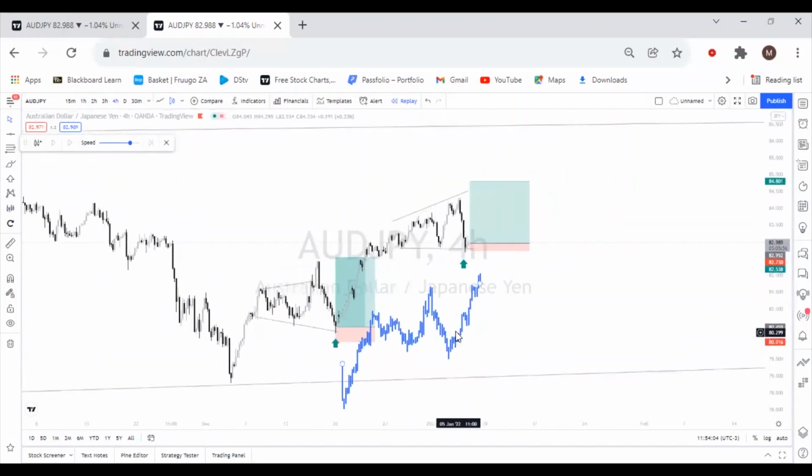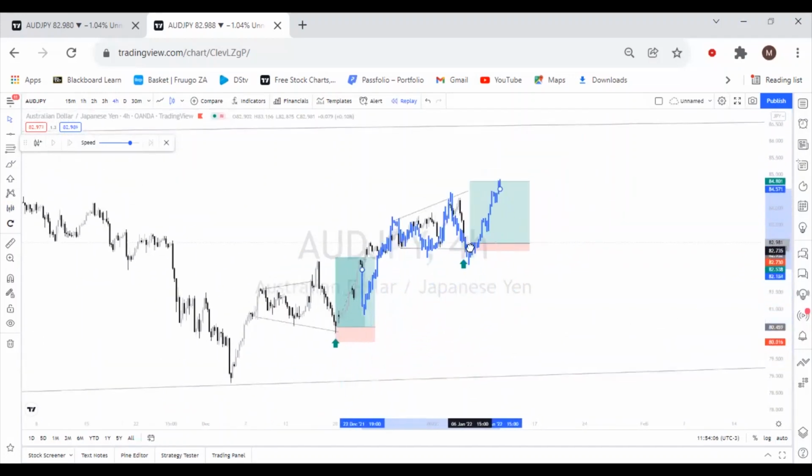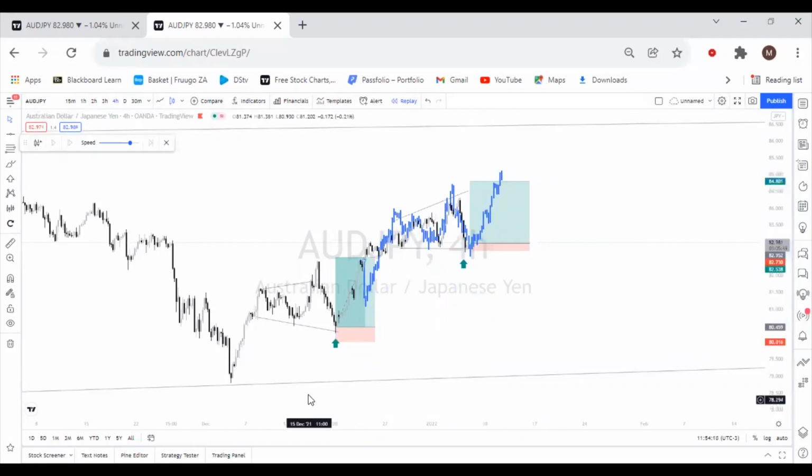You can see this almost resembles what happened, but then it's not that accurate. But then you can see it's almost a similar shape. I just need to adjust my trend lines, and then it's the same thing. So basically this is what we're expecting with AUDJPY.